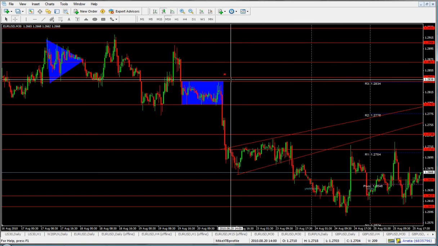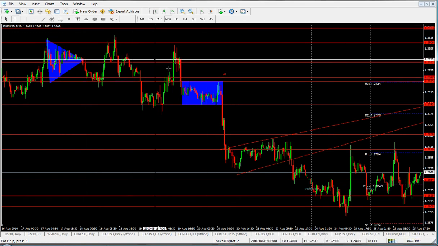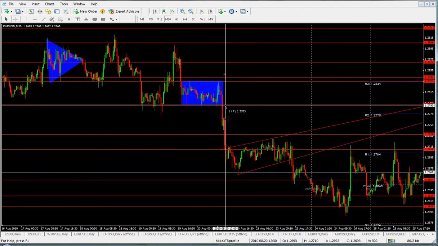So you have to remember that you have to afford the risk taking that is necessary. If you're thinking the price is going to move here and come back, it's not really profitable to take a 50 pips stop loss just to take 50 pips from the market.